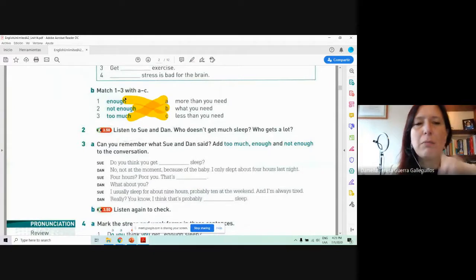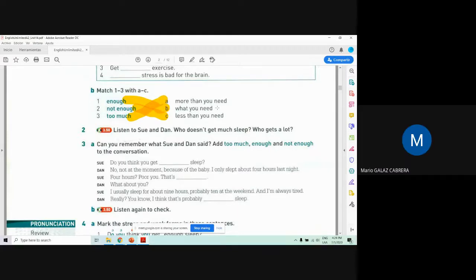So remember, enough, exactly the amount. For example, I will say it again. Si tú dices, there is enough fruit in the house. Hay suficiente fruta en la casa. Entonces está diciendo que la cantidad es la que necesitas. Ni más ni menos. Suficiente.